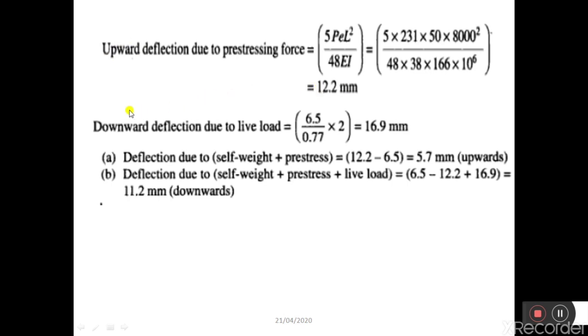So now calculating the deflection due to live load. Downward deflection due to live load. Due to live load, the deflection is always in downward direction because the live load acts downward, and the given live load is 2 kilonewton per meter.